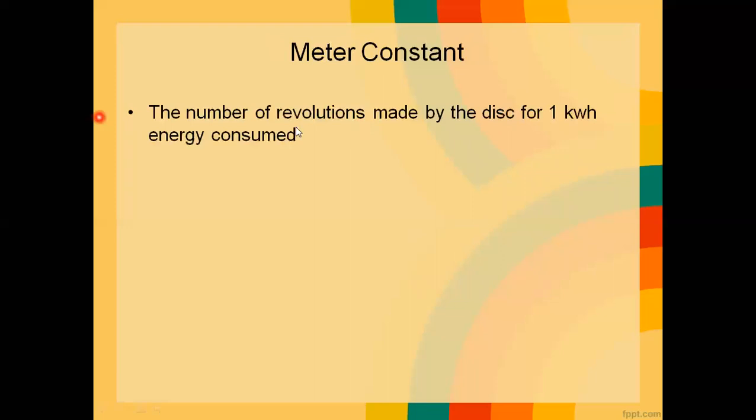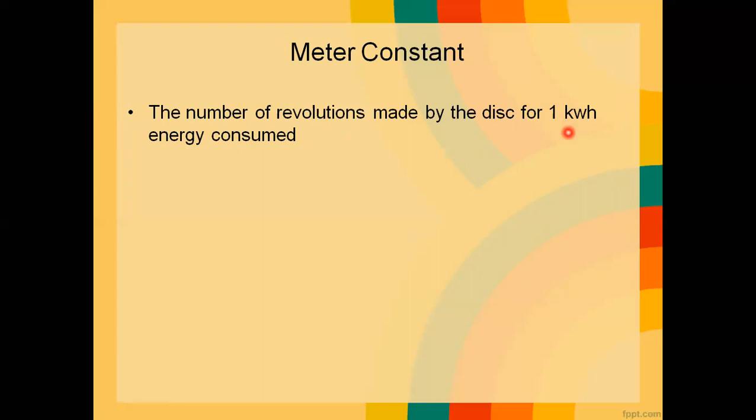The meter constant is the number of revolutions made by the disk for 1 kilowatt hour of energy consumed. Kilowatt hour, in other words, can be termed a unit. 1 kilowatt hour is 1 unit.